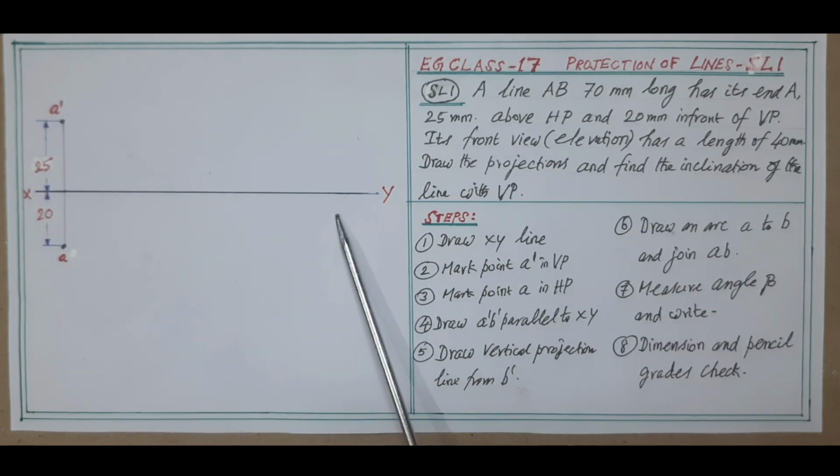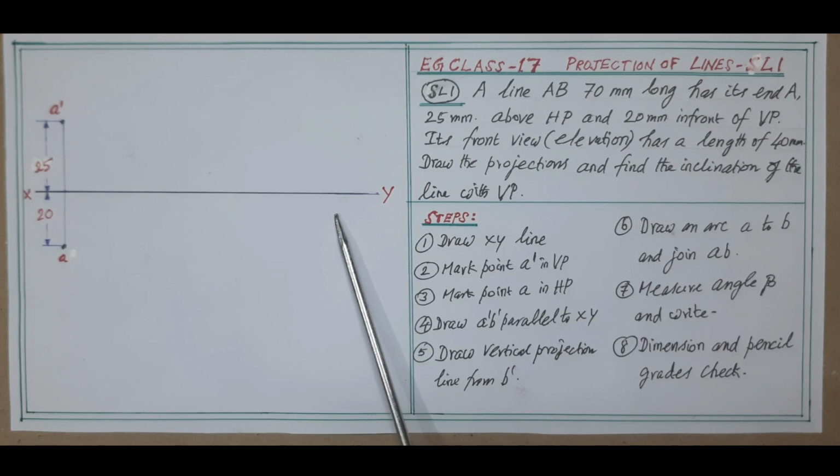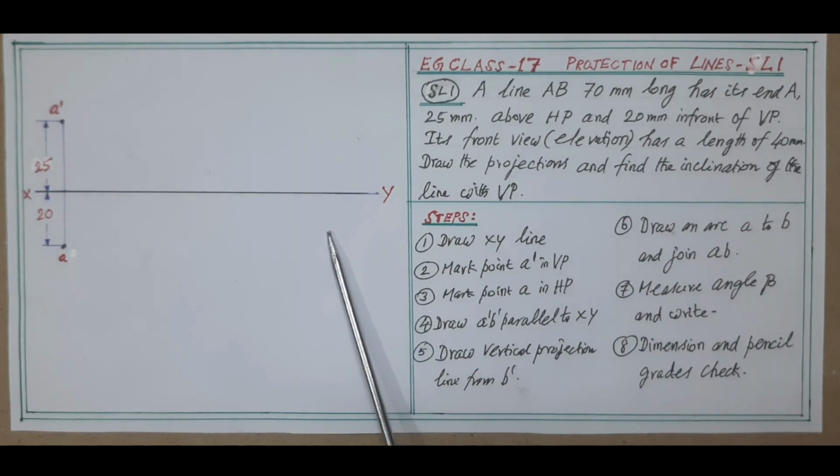Rule number two: when inclined to the horizontal plane, the length will be shorter in the top view, and the line is parallel to the vertical plane.